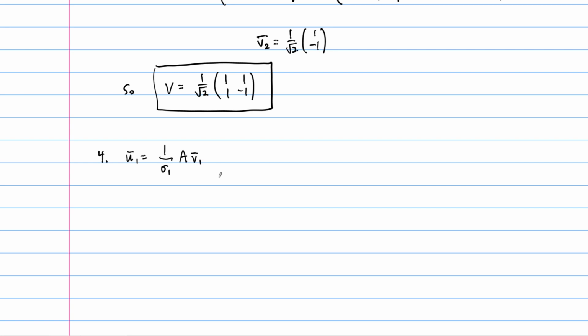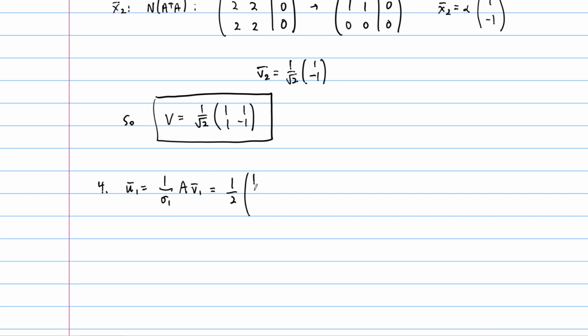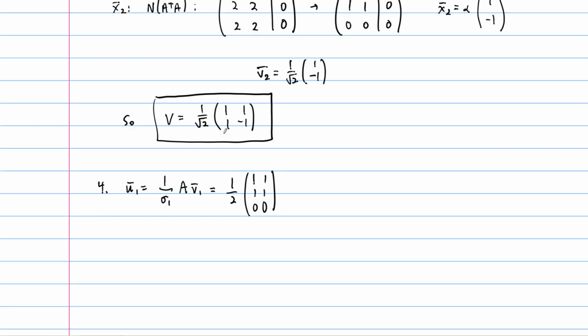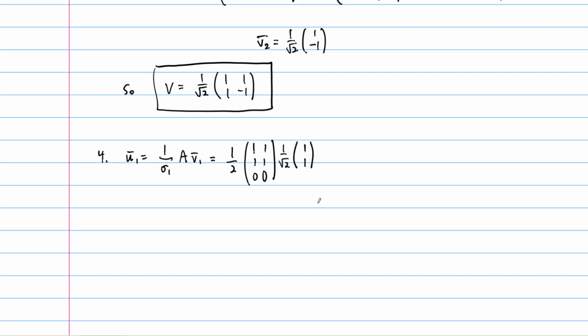So 1 over sigma 1. Sigma 1 was 2. A is our matrix that we started with, so 1, 1, 0, 1, 1, 0. And V1 is the first column here, right? So it's 1 over root 2. So we'll factor out these constants, but then times 1, 1, for V1.